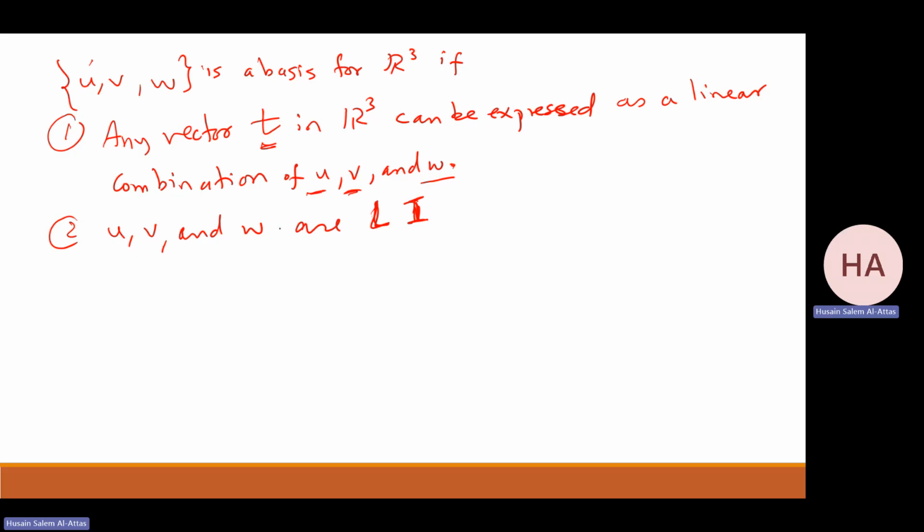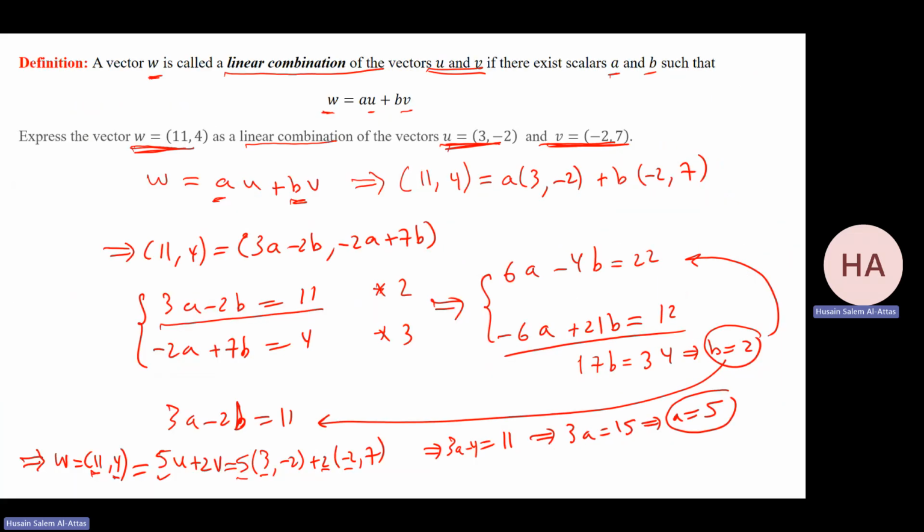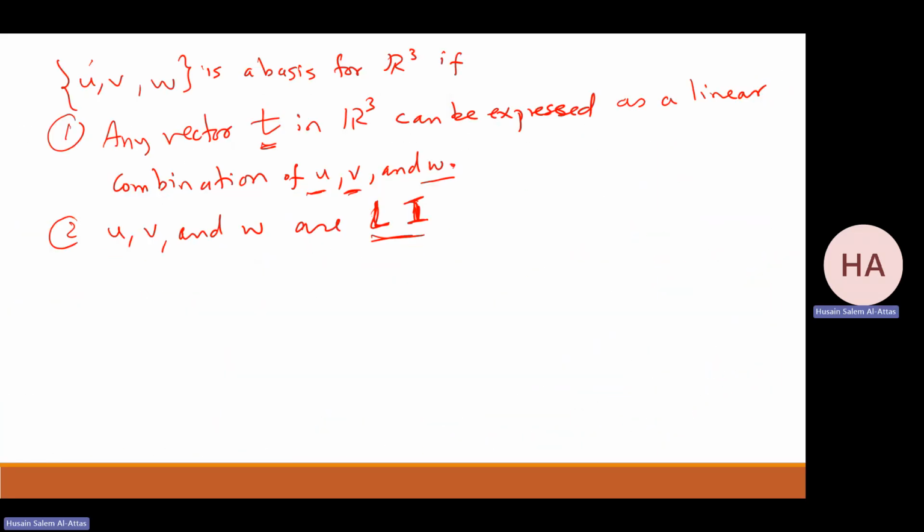Because of that, I want them to be linearly independent. This theorem is saying what? If there are three vectors in R3, we'll talk later about the dimension, all of these things, and they are linearly independent, then that is enough for me to say they are a basis for R3. So no need to check the first condition, it will come if the three vectors are linearly independent.